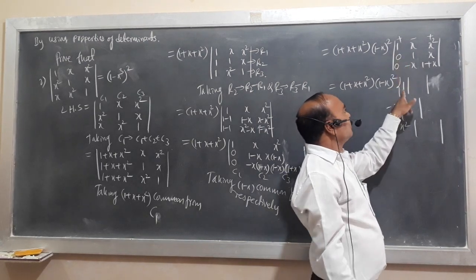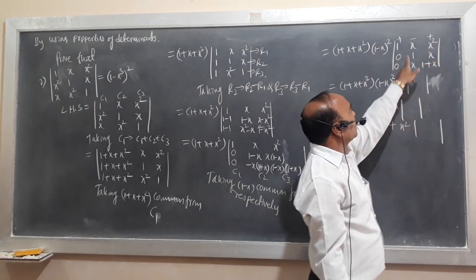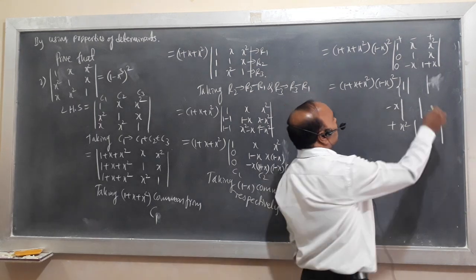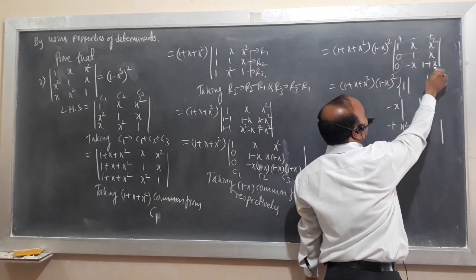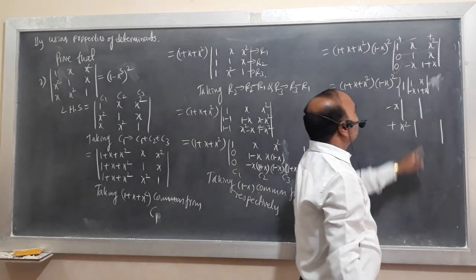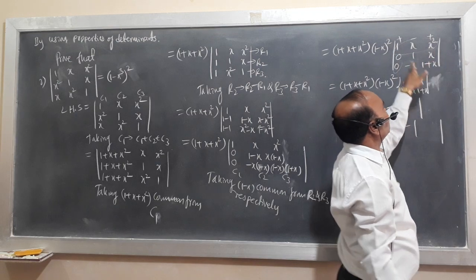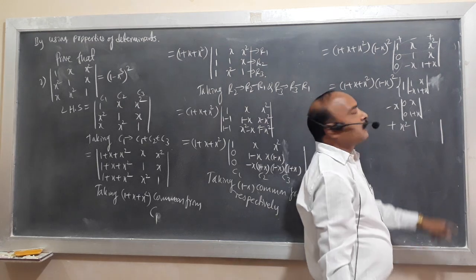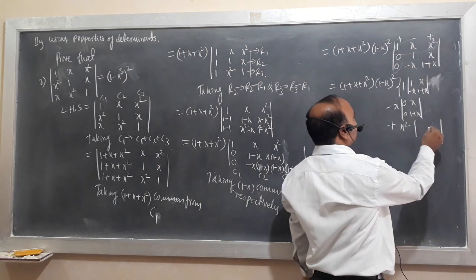Now deleting this column and this row, we get 1, x, minus x, 1 plus x. Here minus x outside, by deleting this column and this row we get 0, x, 0, 1 plus x. Similarly in the third, deleting this column and this row we get 0, 1, 0, minus x.